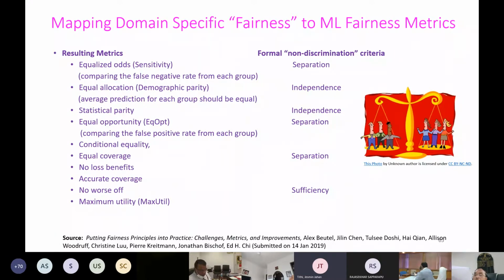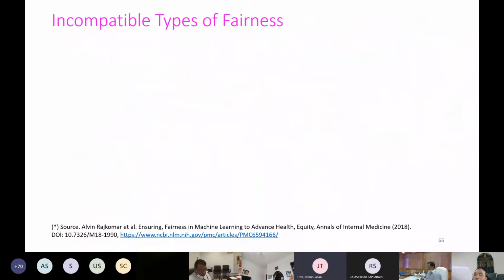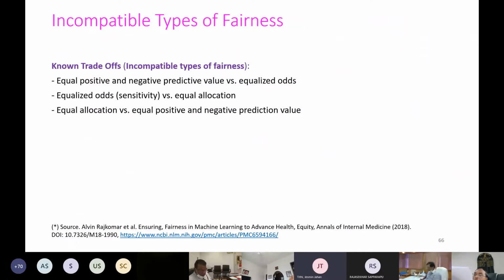So we have to align them and come up with common terms. And there are also fairness criteria which are not compatible with each other. We also need to identify them and avoid those. For example, equal positive and negative predictive value is not compatible with equalized odds. Equalized odds is not compatible with equal allocation. Equal allocation is not compatible with equal positive and negative predictive value.